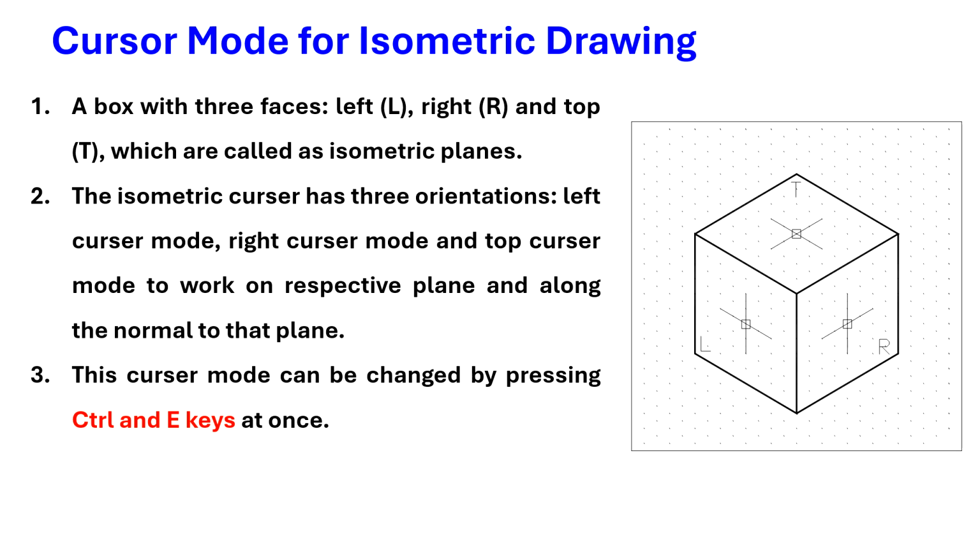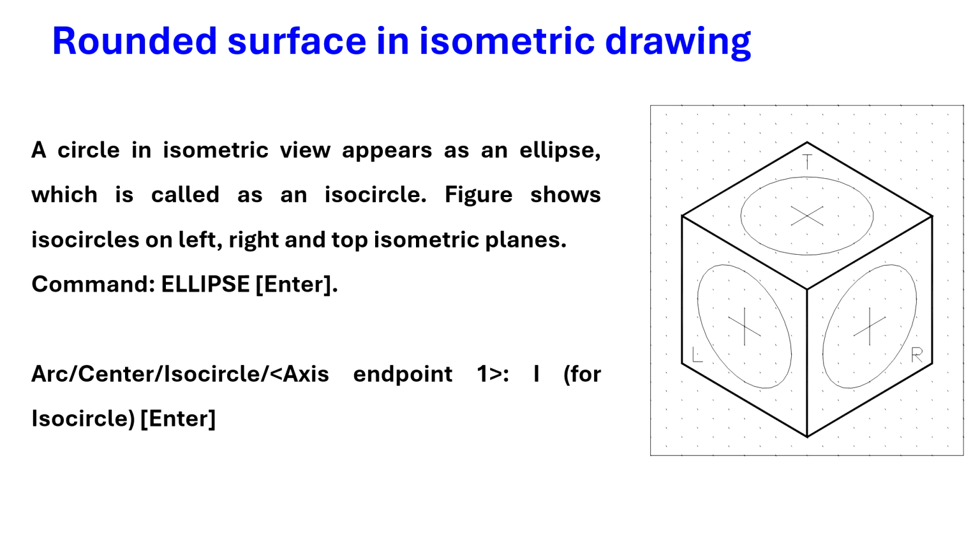So in order to make it parallel, we can use the Ctrl E key for changing. These cursors are also useful to draw circles. Now for example, you need to draw a curved surface here in this plane. At that time the circle should appear here, so we need to use the cursor in this manner.